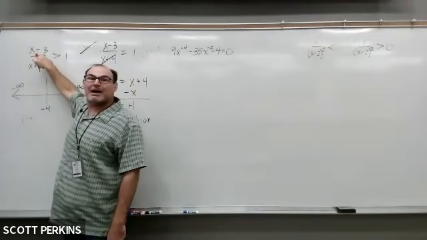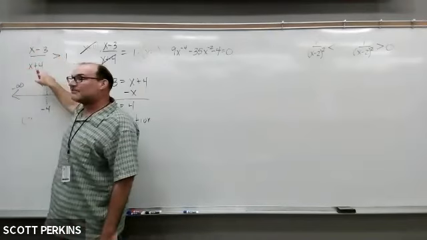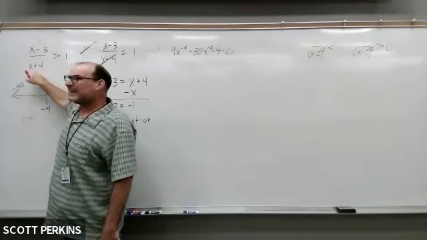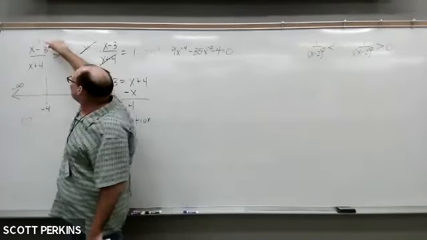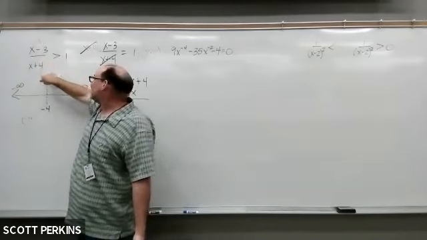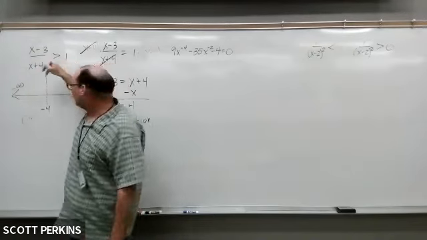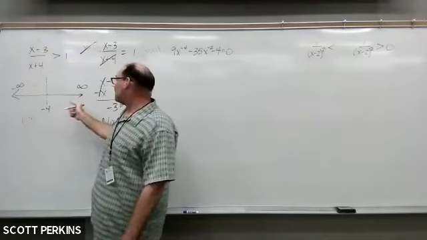What's negative 5 minus 3 in the top? Negative 8. What's negative 5 plus 4 in the bottom? Negative 1. Yes, thank you very much. So what is negative 8 divided by negative 1? That becomes 8. Is the 8 bigger than 1 or is 8 smaller than 1? It's bigger. Fantastic.